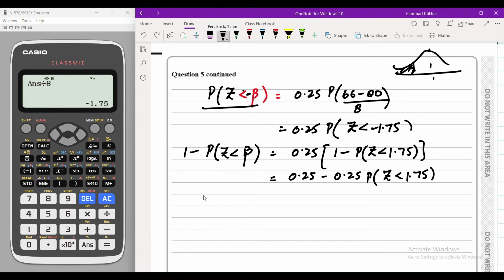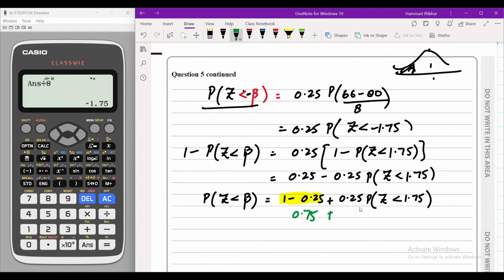So when we take z less than beta as the subject, we will have 1 minus 0.25, sign change, 0.25 probability of z less than 1.75. As you can see, this cleanly turns out to be 0.75. This is what we have to find out first.